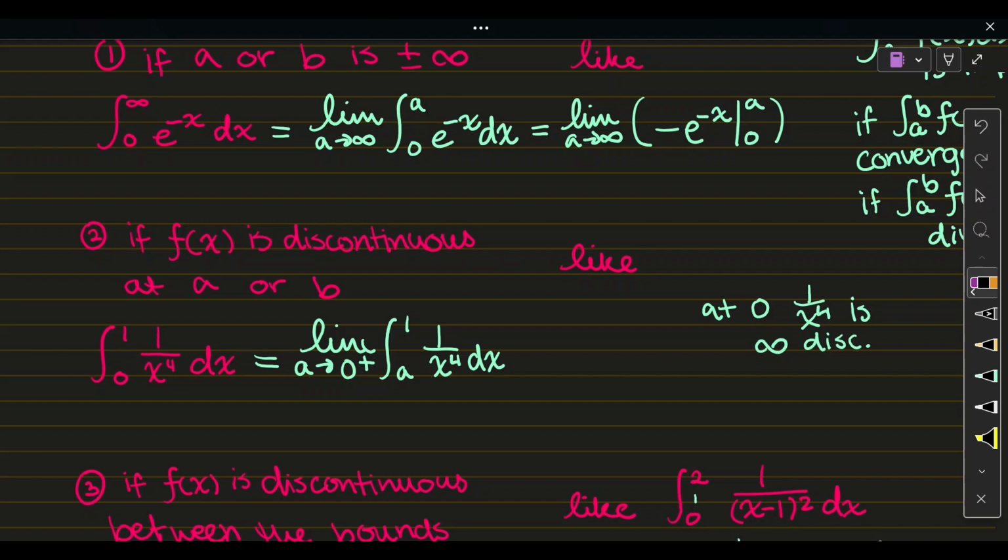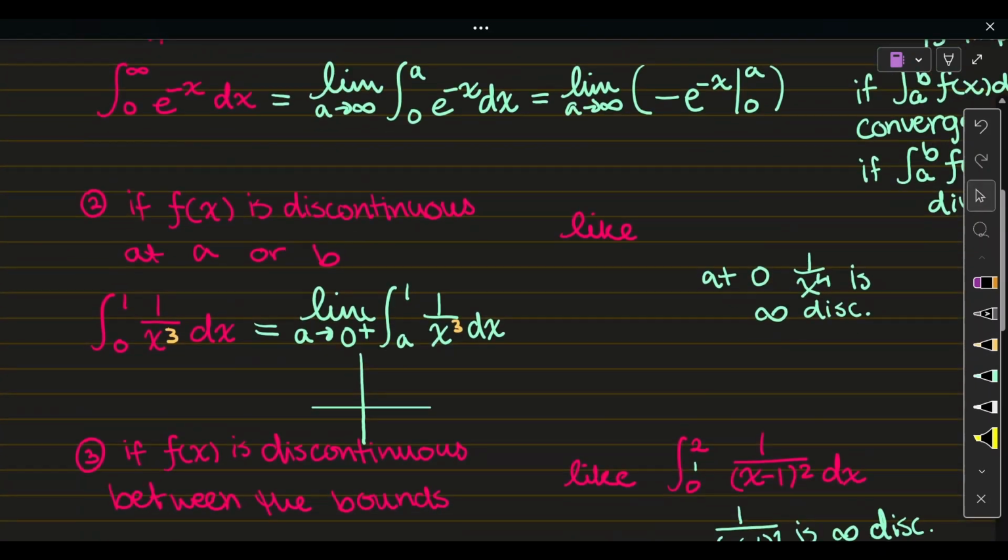We say we go to 0 from the right because, if I look at this function, well, you know what, even better, let's do this example a little bit differently. Let's say, what if I have the integral of 1 over x cubed? So that looks something like this.